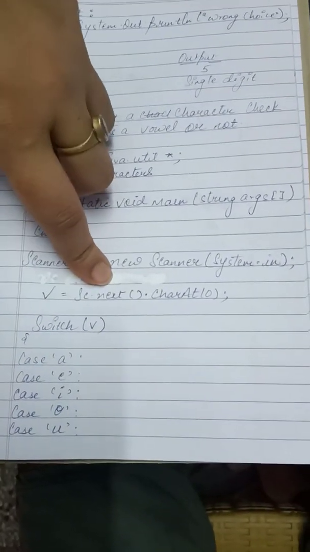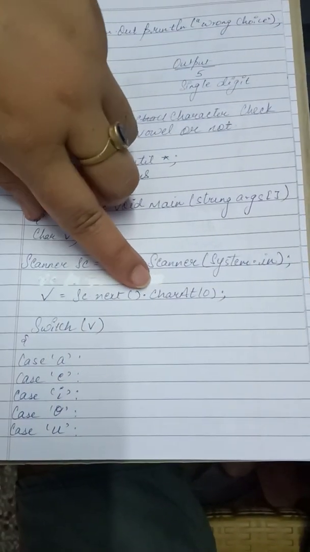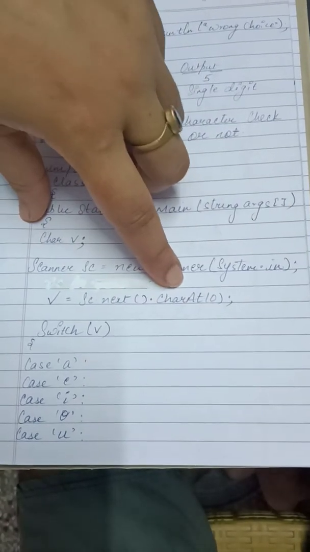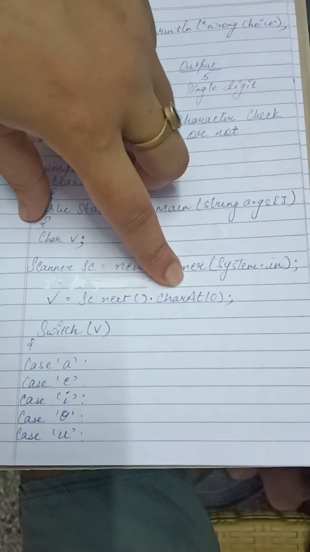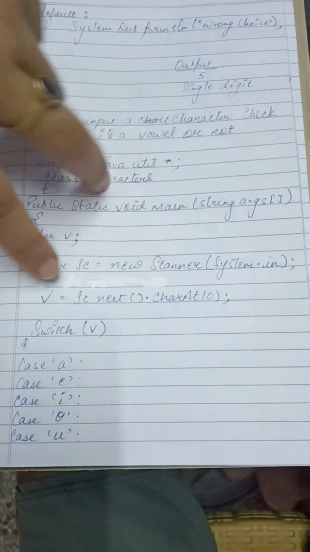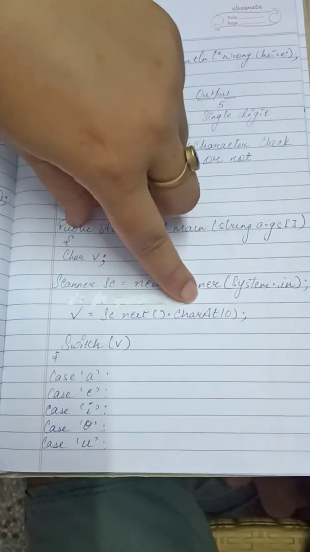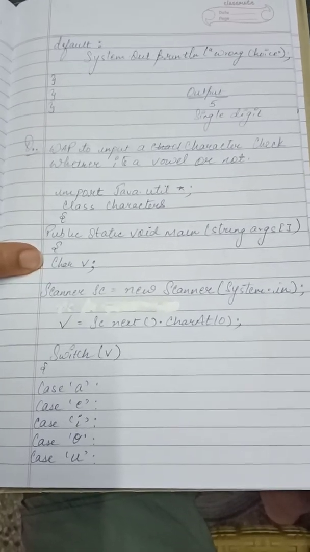What this next is doing is basically inputting a string value. And again .charAt(0). What charAt(0) is doing is it extracts the first letter of the string. Now its return type is character type. That's why we are storing it in this variable, which is also a char type variable I have taken.